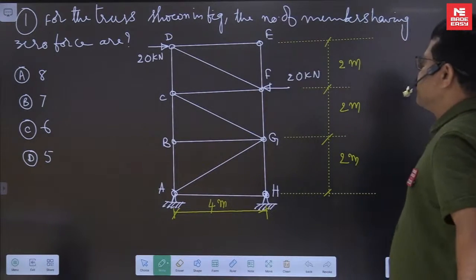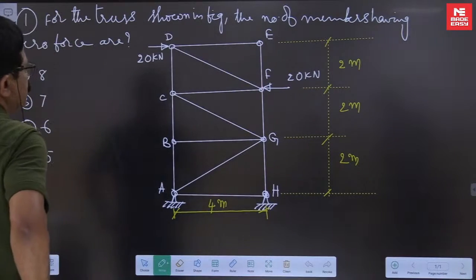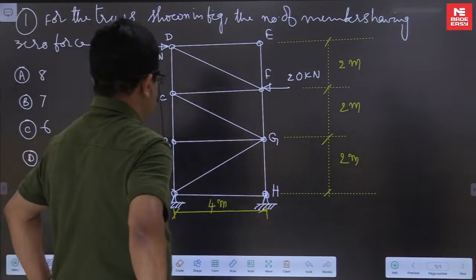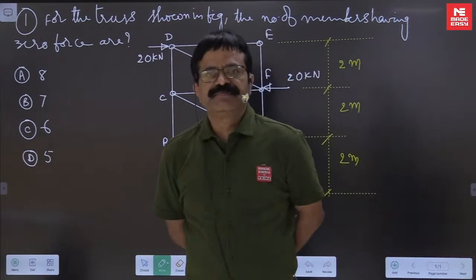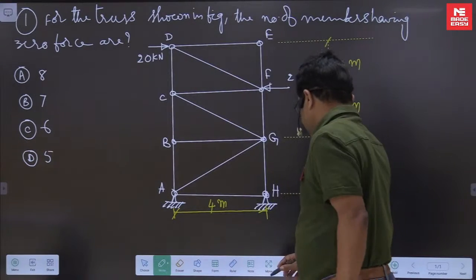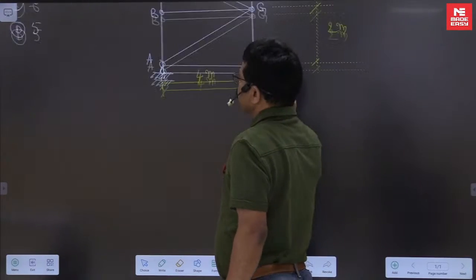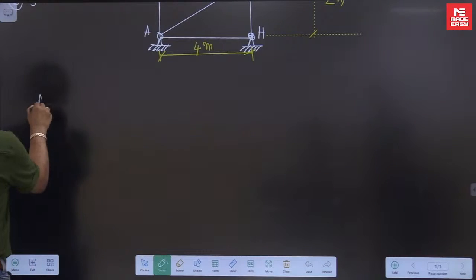Okay, first question is, for the truss shown in figure, the number of members having zero force. To find the members having zero force, we have four methods. I have told you, we have discussed about the four methods.